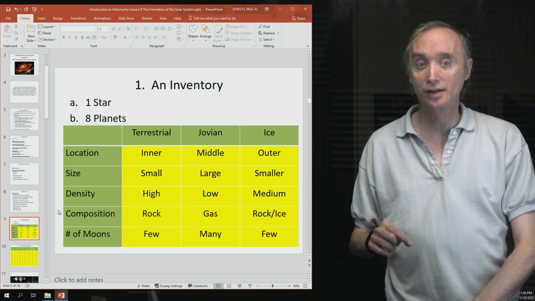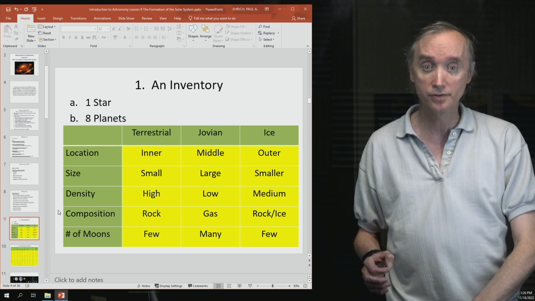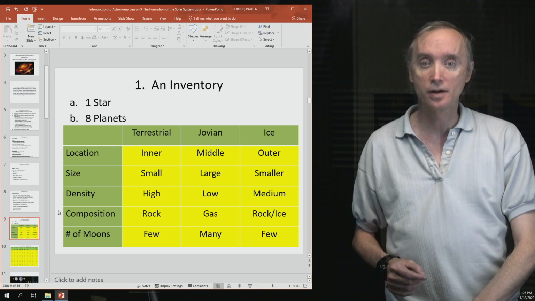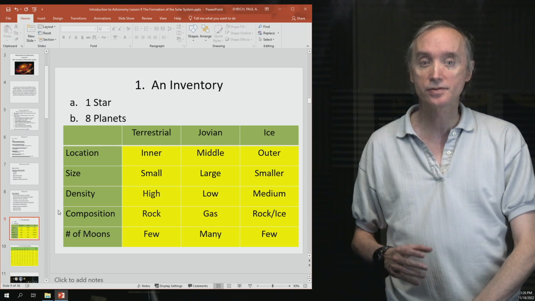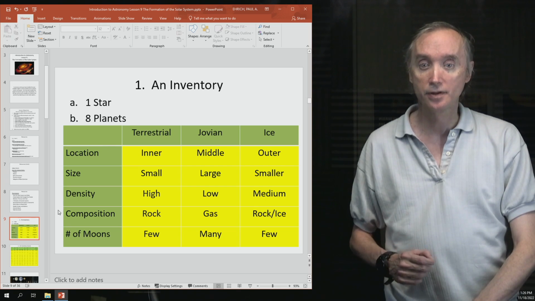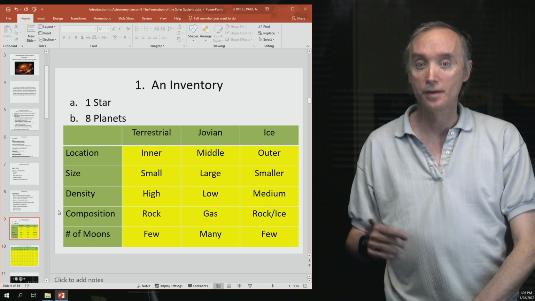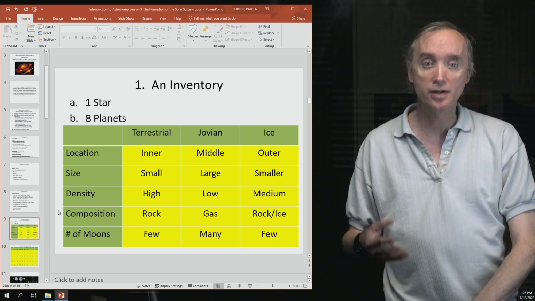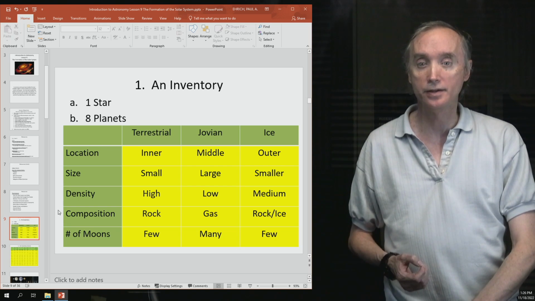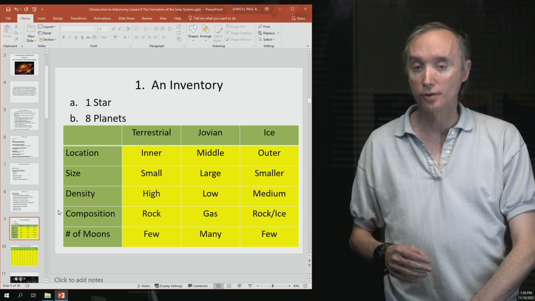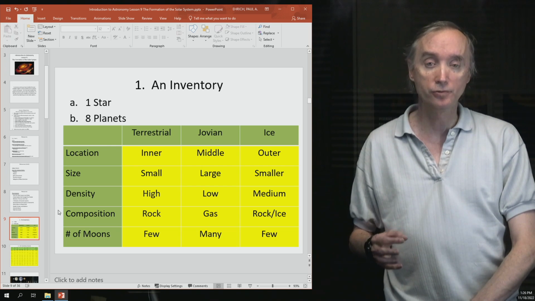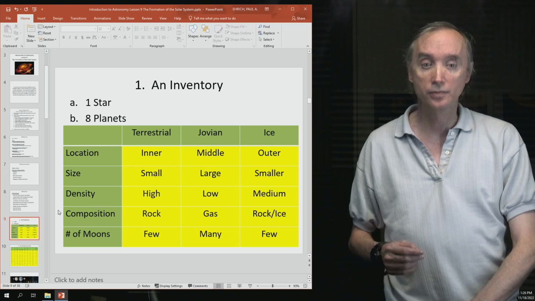And ice is less dense than rock, so that gives these outer planets a less dense material. Then the composition, I said, was rock and ice, and they have a relatively few number of moons. We're going to find out, for example, that Pluto does have a moon that's in orbit around it.